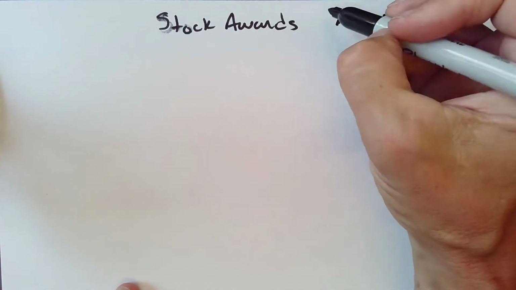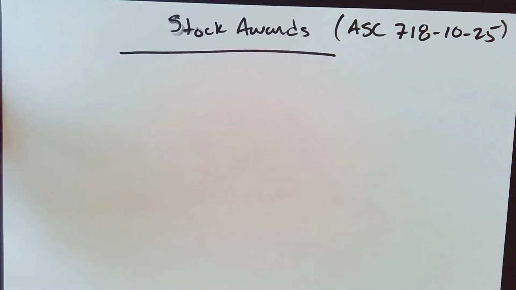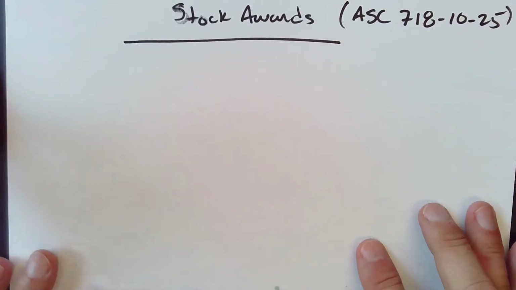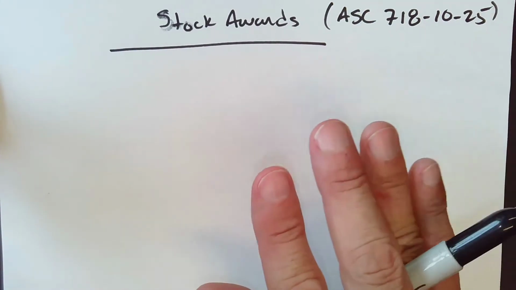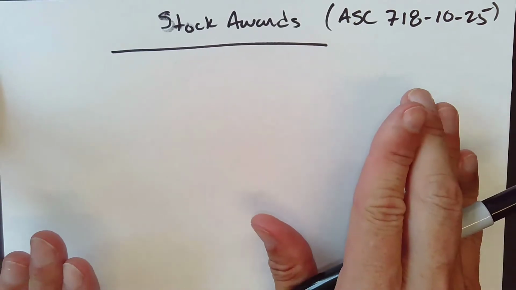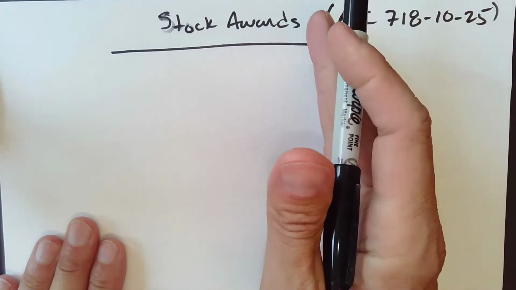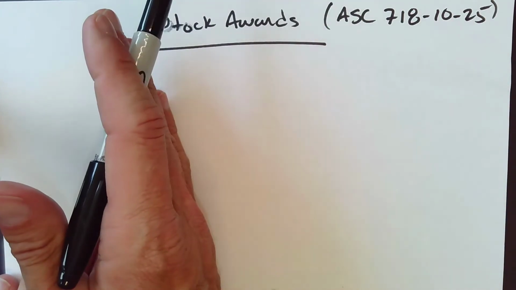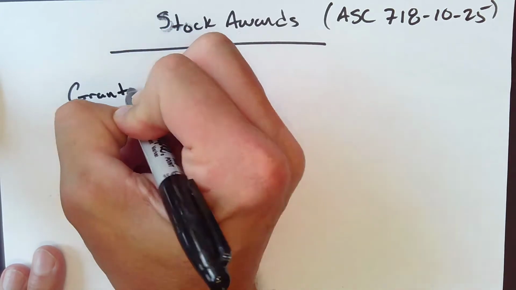That's our literature reference. Okay? So on that grant date, not the day that I write the contract, but on the grant date, the date that it actually goes live, right? That's when the earnings starts occurring. So on the grant date, so grant date is important.